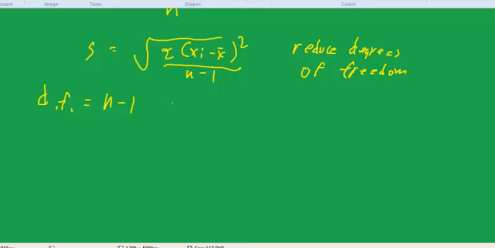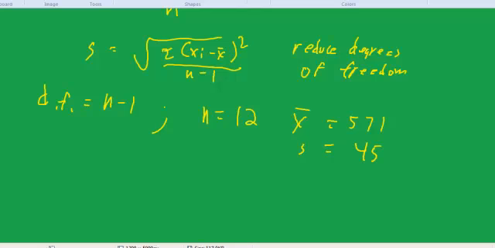Okay, so let's start with a t interval. Let's assume that for our school we take a sample of 12 students and we get a sample mean of 571 and a sample standard deviation of 45.